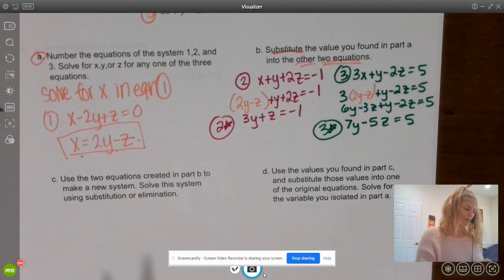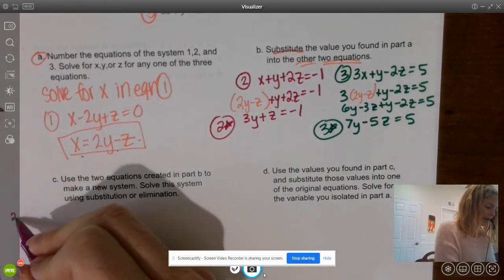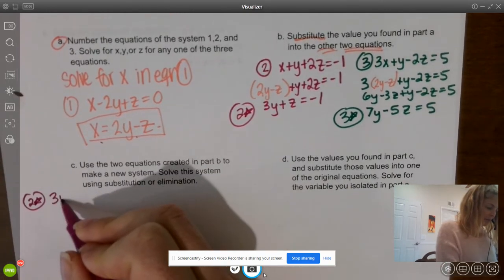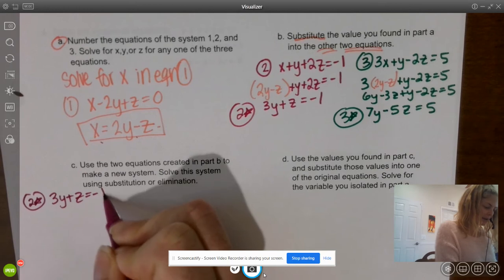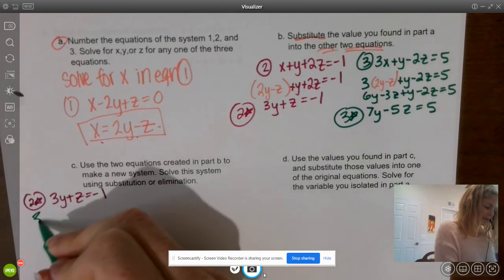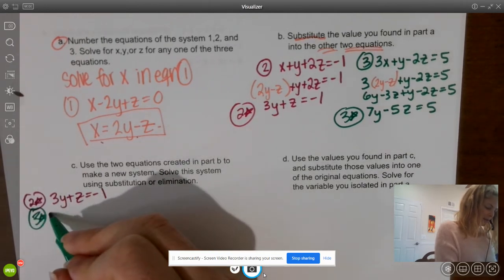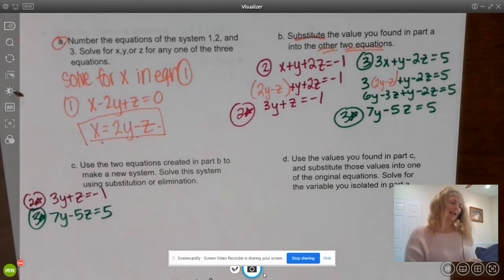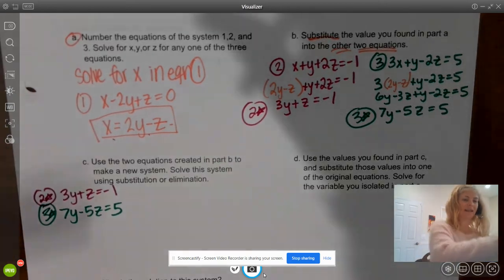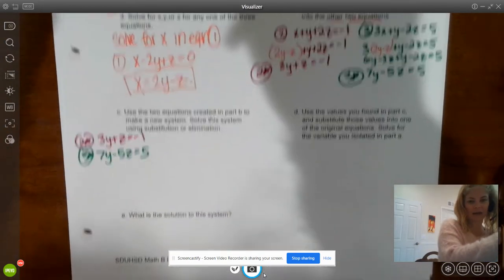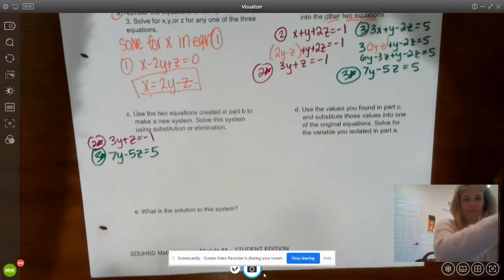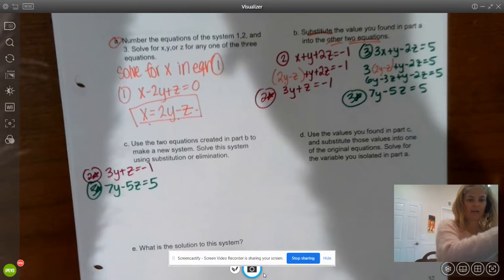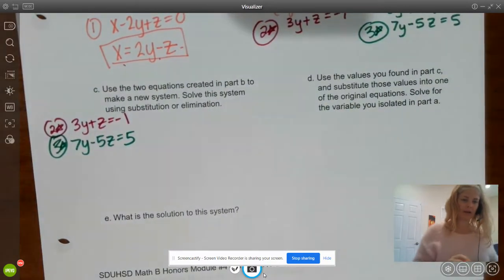Okay, so I'm going to rewrite my system over here. 2-star is 3y plus z equals -1. And 3-star is 7y minus 5z equals 5. Taking a look here, I'm noticing that my z's are already opposite signs, so it's going to be pretty efficient if I want to use elimination.